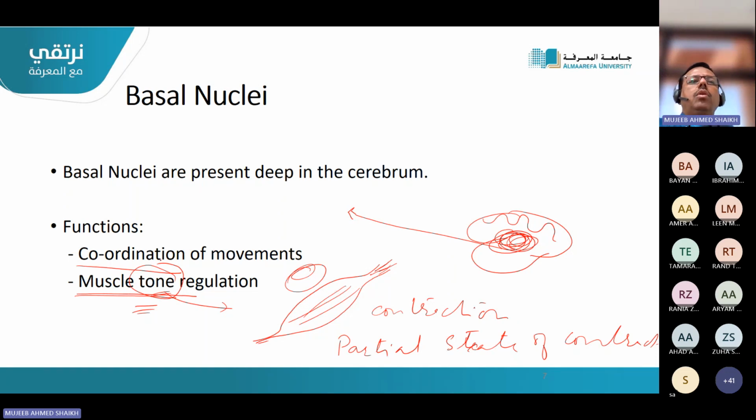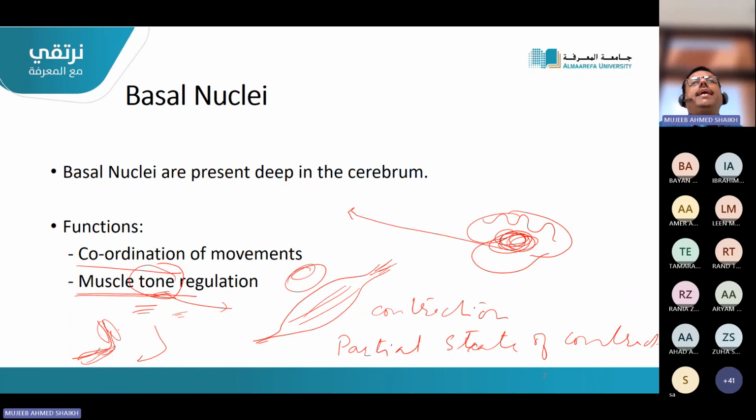What is the function of tone? It is to maintain the joint position. Suppose this is a joint, so there are muscles here, there are muscles on the other side, and there are muscles on the forearm also. The coordination between these four muscles will keep the joint or elbow in this position, flexed or semi-flexed. So muscle tone is responsible for giving a proper position to the joint.